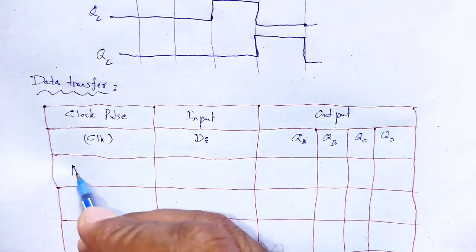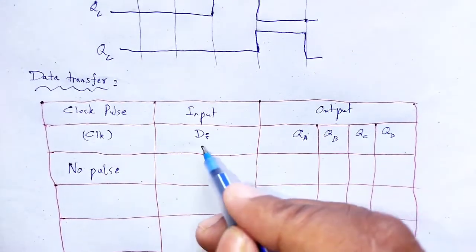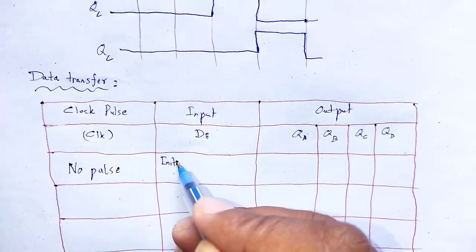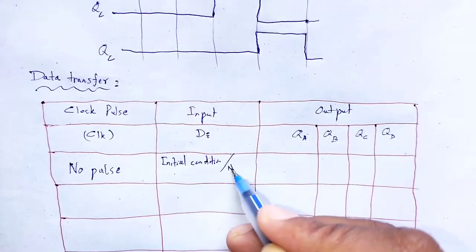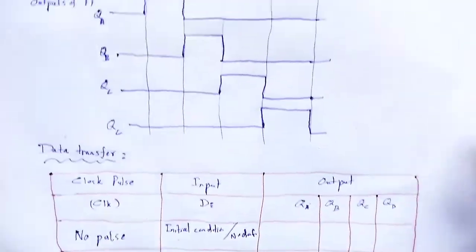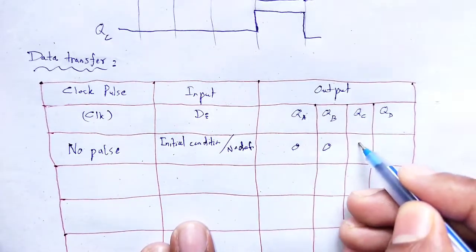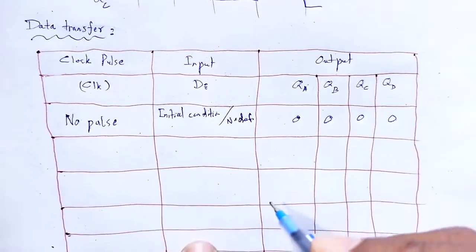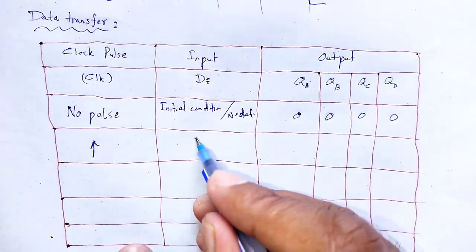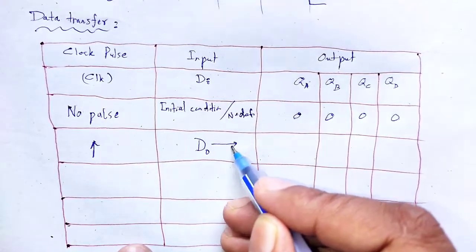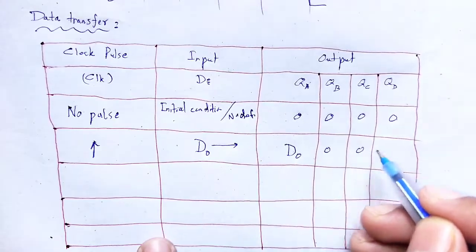When no clock pulse is applied, it is the initial condition, no data. As we said, all the flip flops are in reset condition, all are 0 from QA up to QD. When the first pulse is applied, data input D0, so at QA we obtain D0, all others are 0.